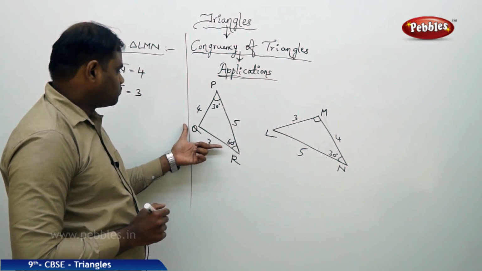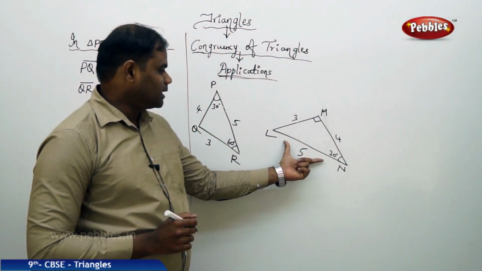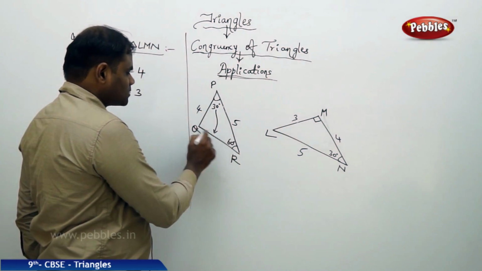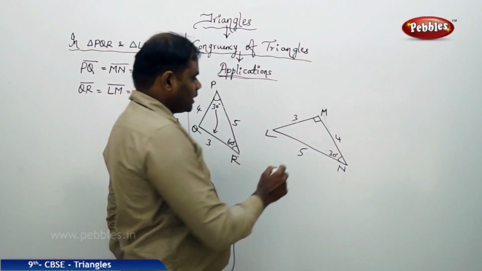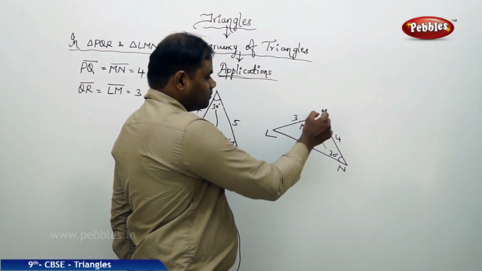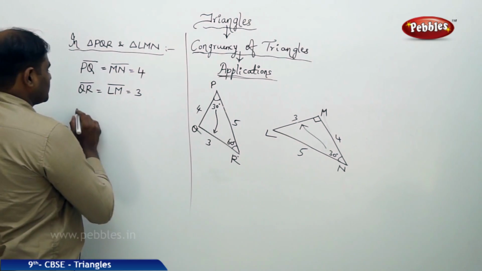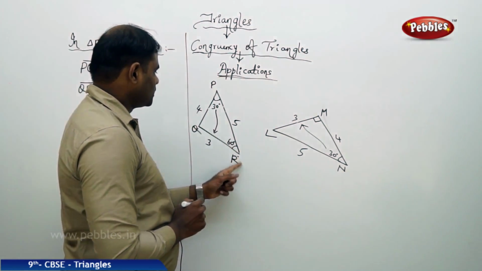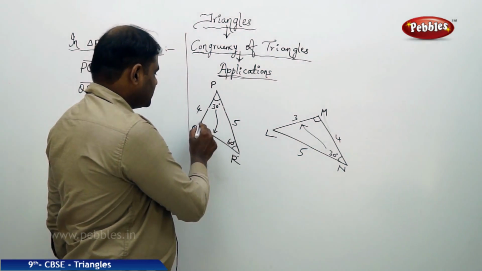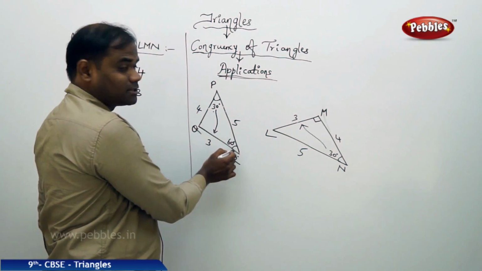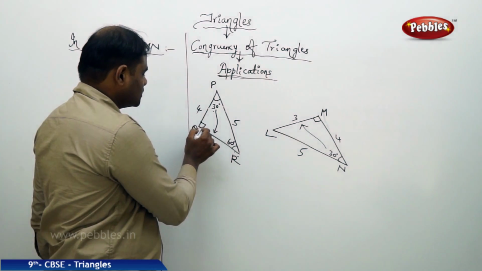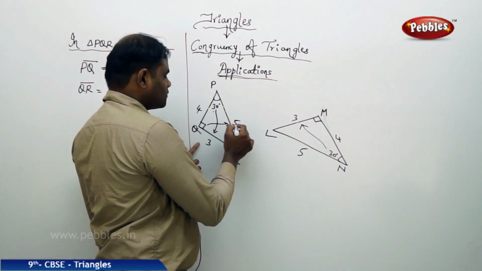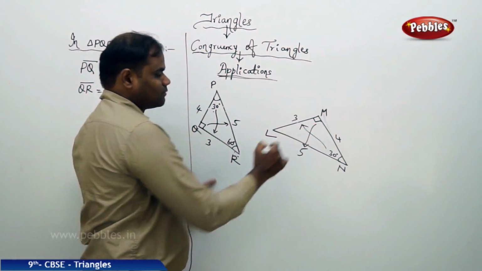The corresponding side of QR is LM because the angle opposite to QR is 30 degrees, and the side opposite to 30 degrees is LM, which is 3. Similarly, my PR is opposite to the 90 degrees, because when this is 30 degrees and 60 degrees, the third angle is a right angle, and here is a right angle. So opposite to the right angle is 5, and opposite to the right angle is 5.